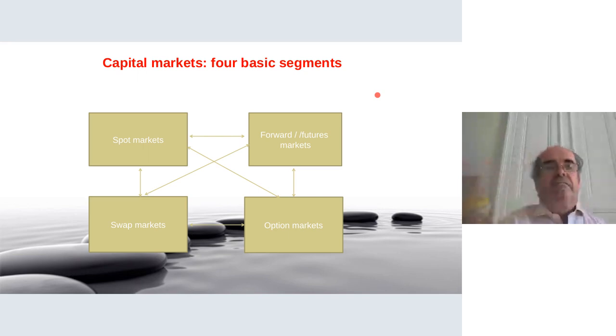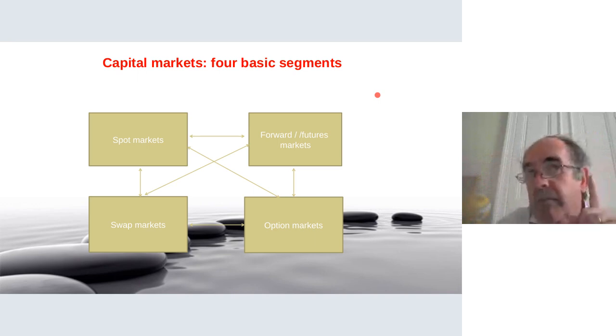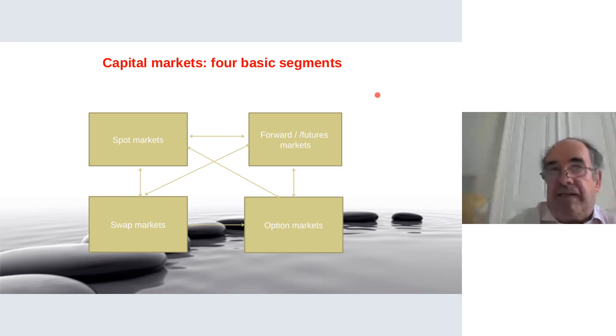What do you do? You can discuss with your banker and say, okay, I have a debt on a variable basis, I would like to go to a fixed basis. But the bank maybe will discuss with you one time, but not two times. The best thing is to make a swap. You keep your debt on your balance sheet, variable rate basis, LIBOR 6 months. But you make a swap with another bank, or with the same bank.